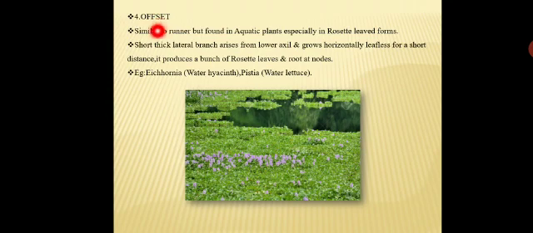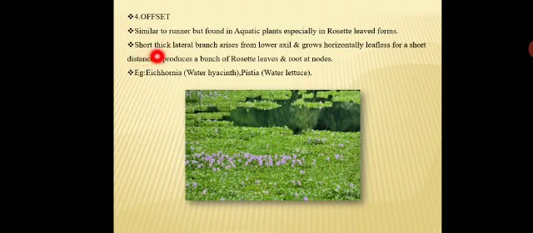Some of the plants, especially Eichhornia, Pistia, Lemna, etc. So it is similar to a runner but found in aquatic plants. The leaves look especially like a rosette. Rosette means a small leaf-like arrangement that is present.